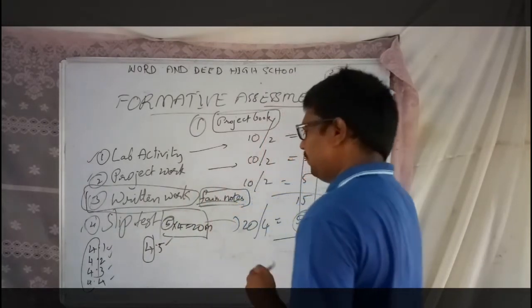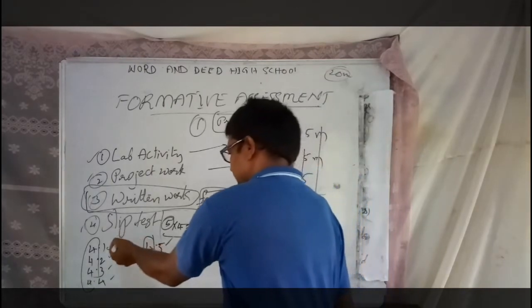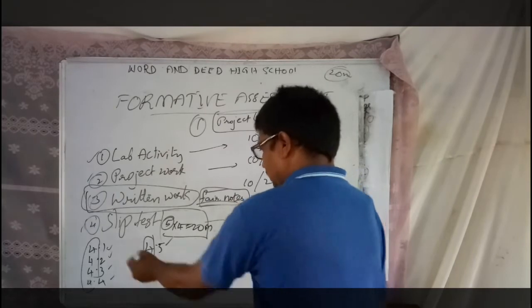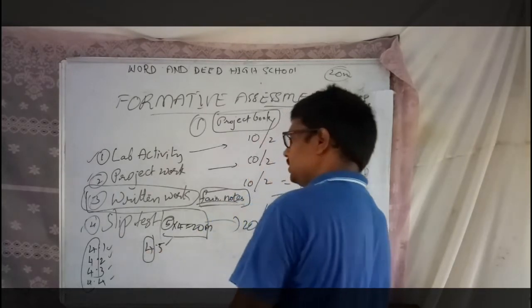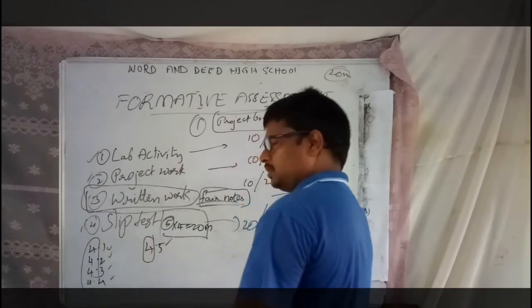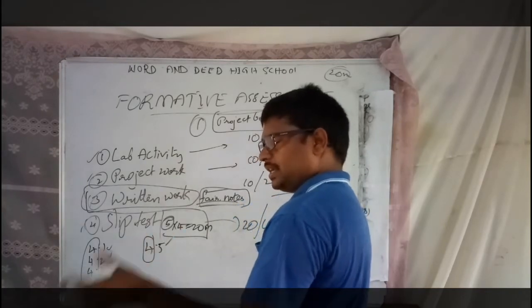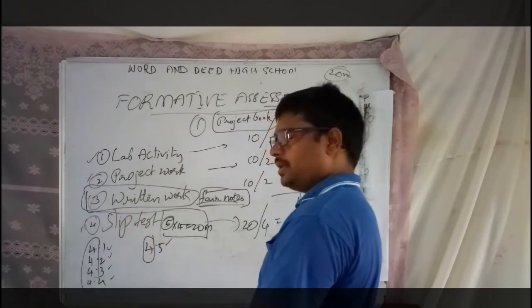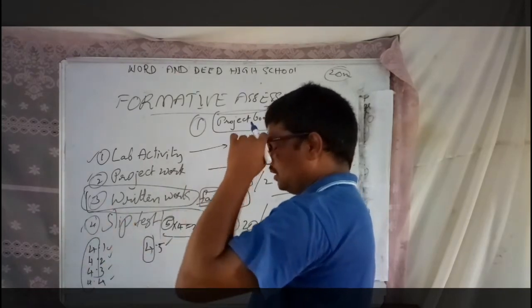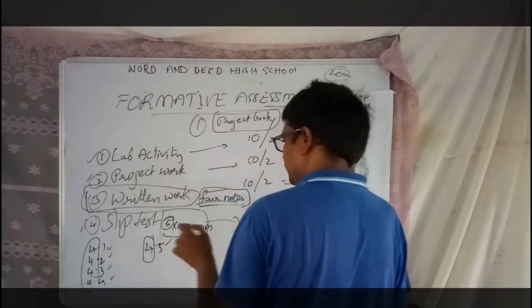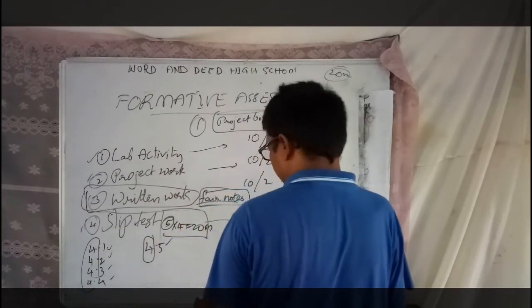Next, when you are writing the slip test, the questions should be mentioned very clearly. I am not expecting you to write the questions again in the book. If you write it, okay. If you don't write it also, okay. If you write the question number, that's enough, okay.